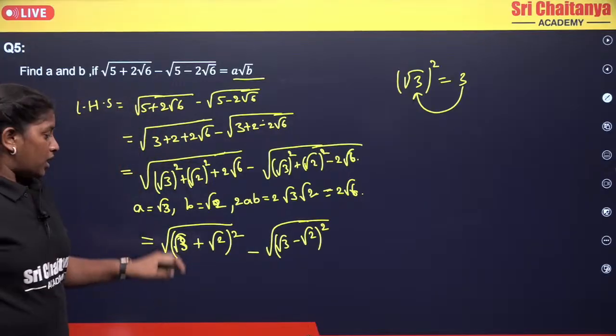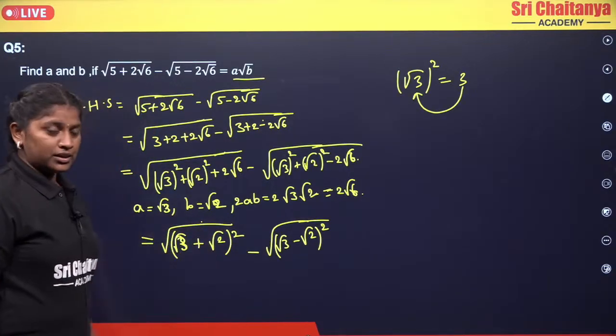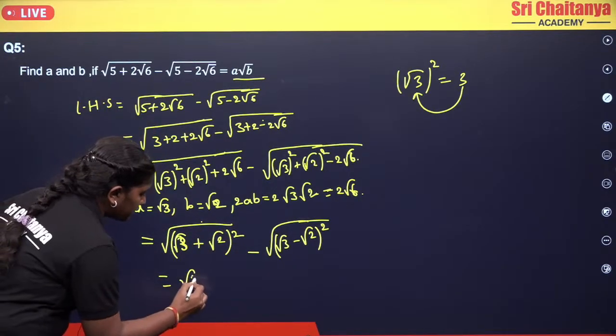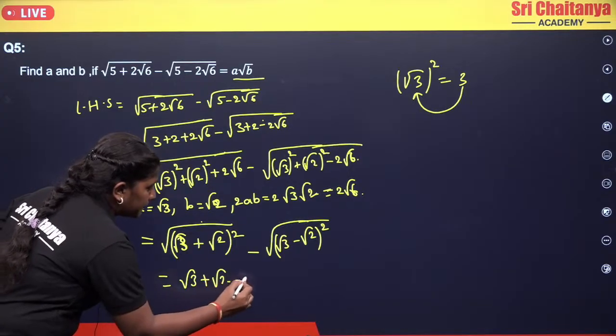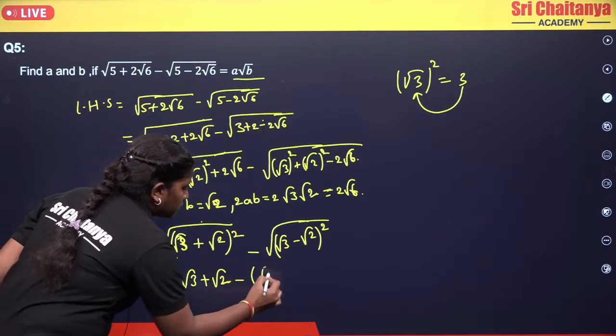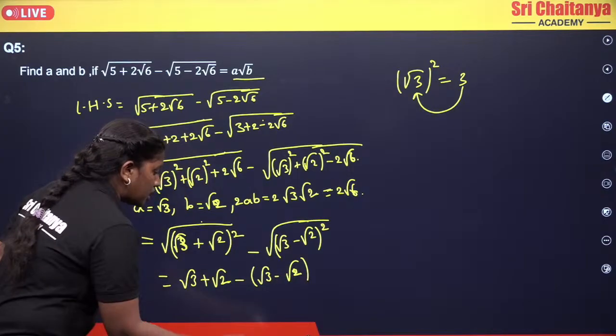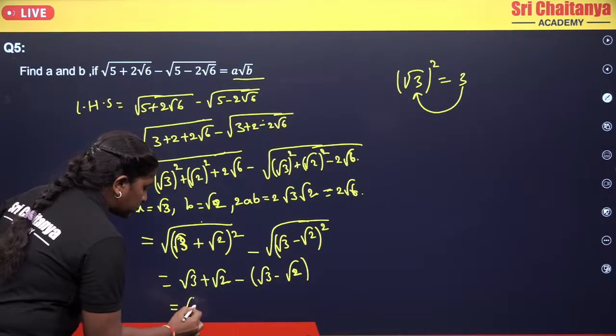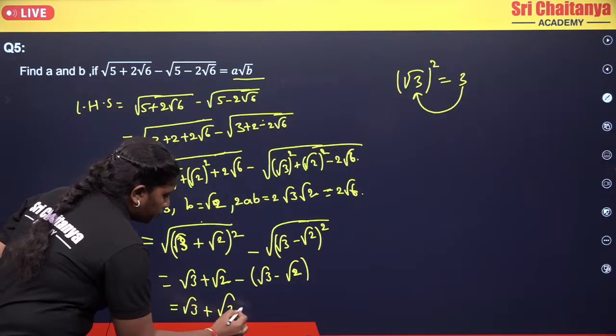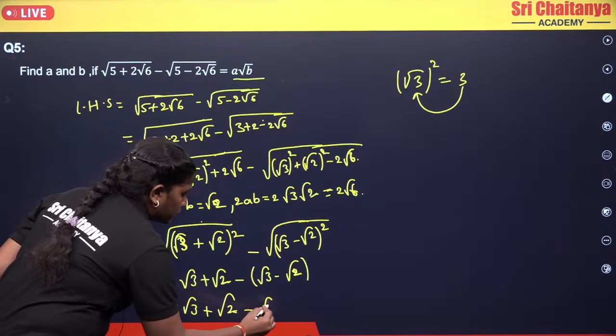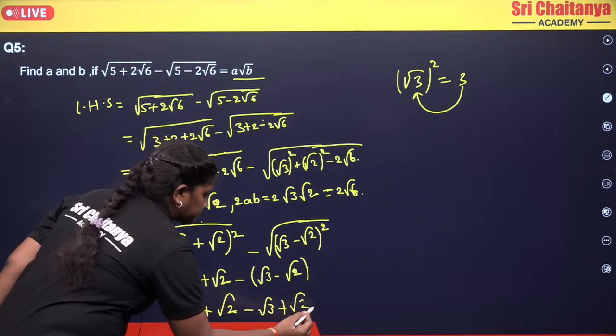Okay, now simple, we can cancel our root and square. So from there we will get root 3 plus root 2 minus of root 3 minus root 2. Okay. So now multiply with minus. So you will get root 3 plus root 2 minus root 3 plus root 2.